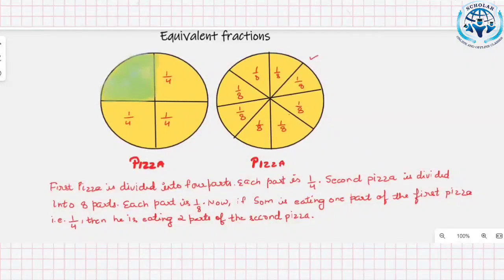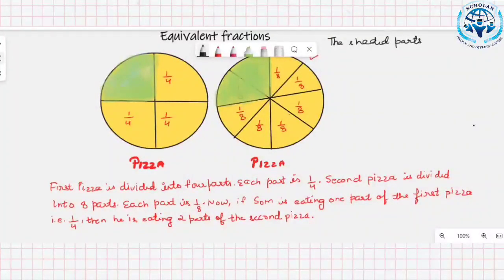This amount, I am shading the amount in the first pizza, is equal to the shaded part in the second pizza. That means the shaded parts in both the pizzas are the same and represent the same amount.